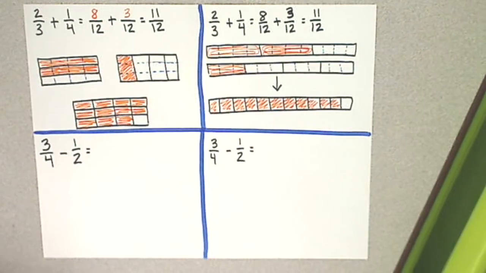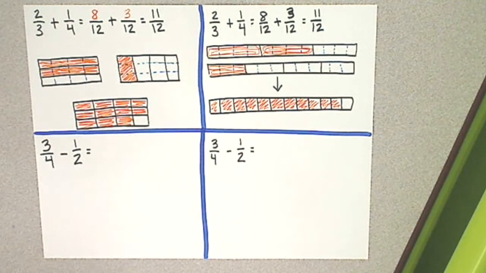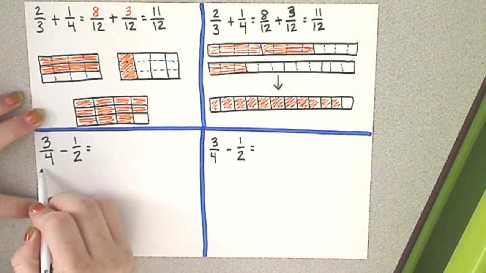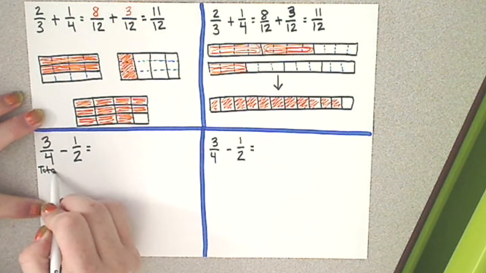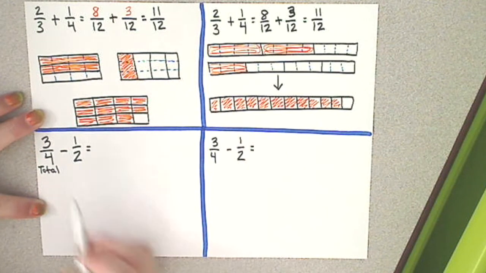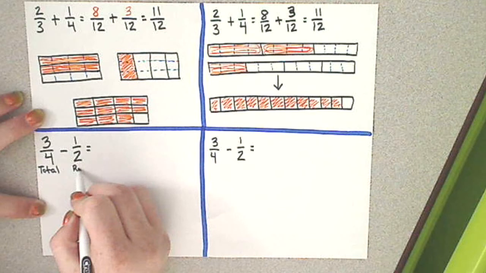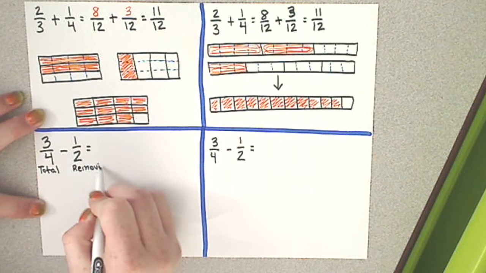All right, so we're going to take some of the same steps, but a little bit differently. So I know that I have a total of 3/4, and I'm taking away 1/2. So I'm removing 1/2.